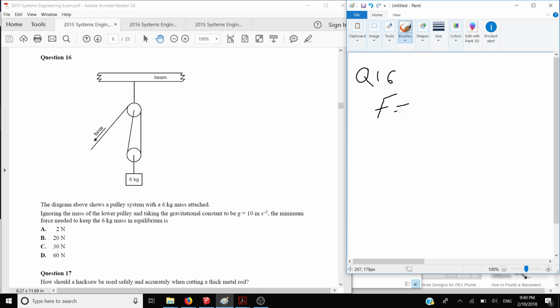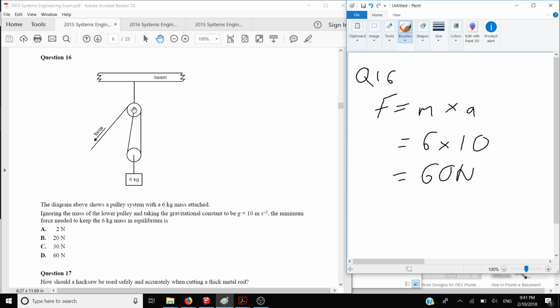So force equals mass times acceleration. Our mass is 6 kilos. They already gave us our gravitational constant. So our force is 60 newtons. Now, this is a pulley. My shorthand rule for figuring out the mechanical advantage of pulleys, so that's how much force multiplication you get, is to just count the number of ropes between the pulleys, not counting the bit that you would pull.